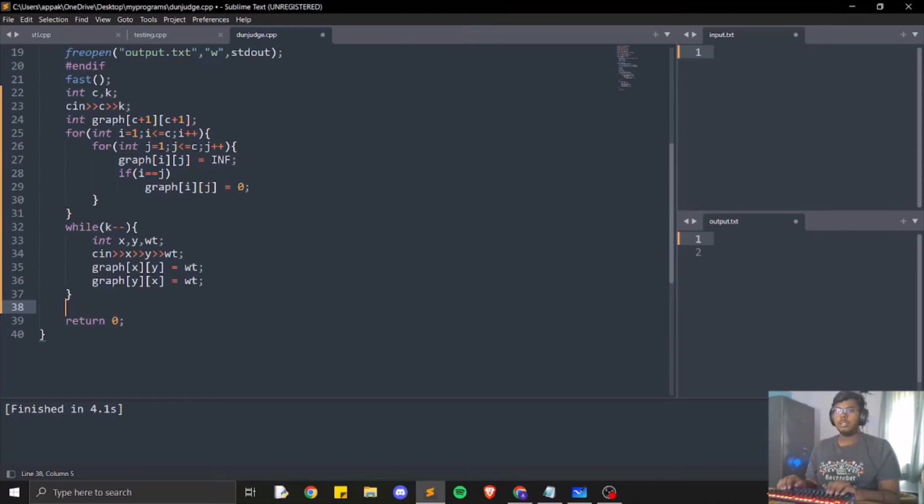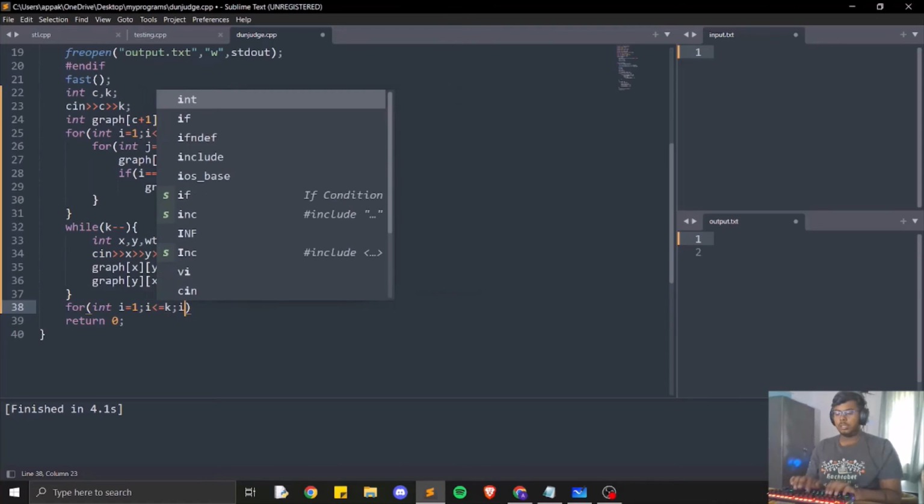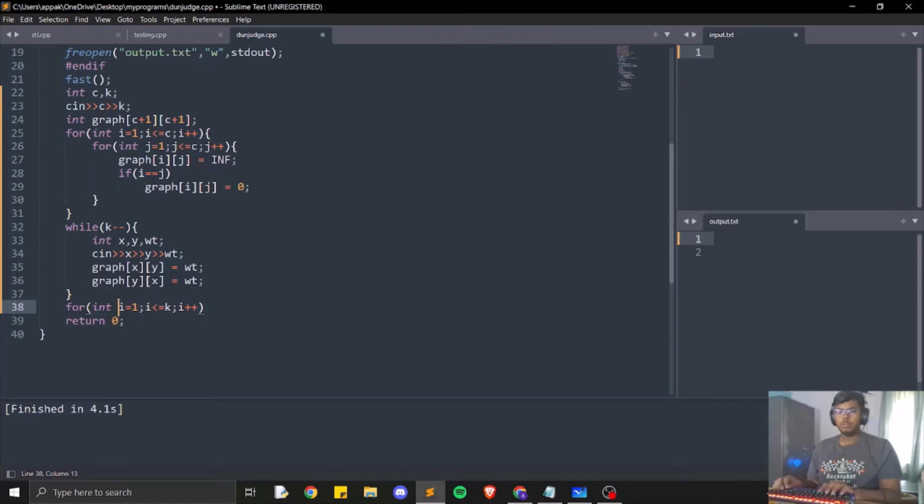Now let us apply the Floyd-Warshall algorithm to this. So we'll be using three nested loops. First, for int k is equal to 1, k is smaller than or equal to c, k plus plus, which is basically the number of levels, as in how many nodes we will be using for the shortest path.